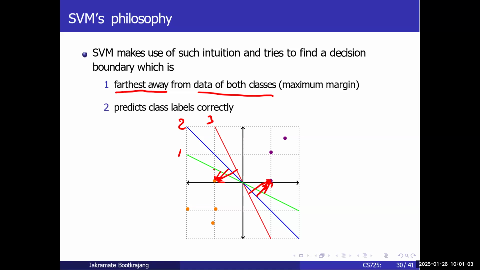So you compare these 3 numbers and pick the largest one. Not only does your decision boundary have to predict correctly, it also has to maximize the margin. So there are 2 tasks for the decision boundary.